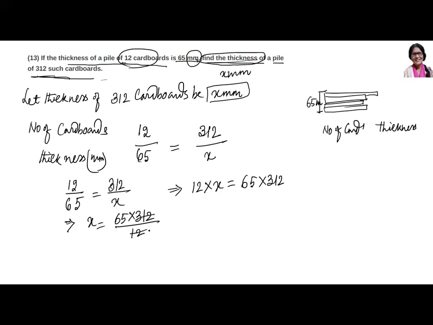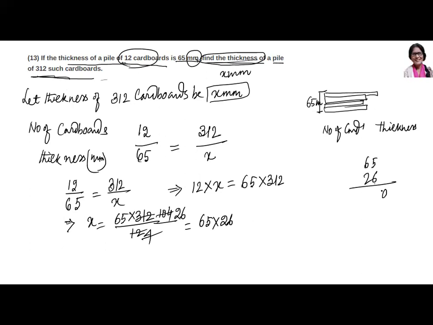I'm cancelling with 3: 3 4 times is 12, 3 1 0 4. Then 4 2 times 8, 4 6 times 24. Now you multiply 65 into 26.